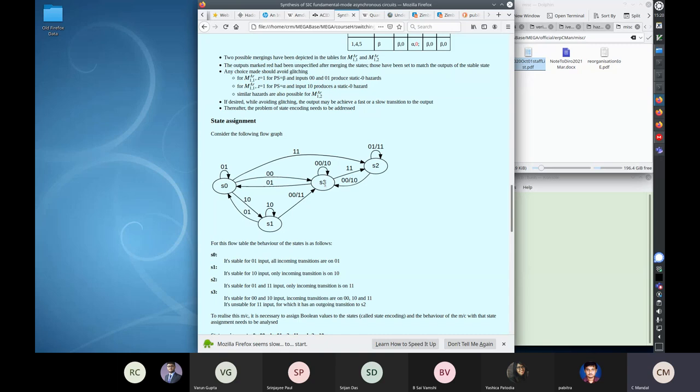Similarly, S3 is stable for the input 0 0 or 1 0, and S2 is stable for the inputs 0 1 or 1 1. So this is the transition graph for the asynchronous machine.